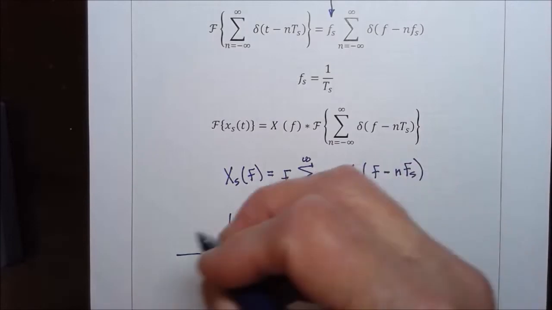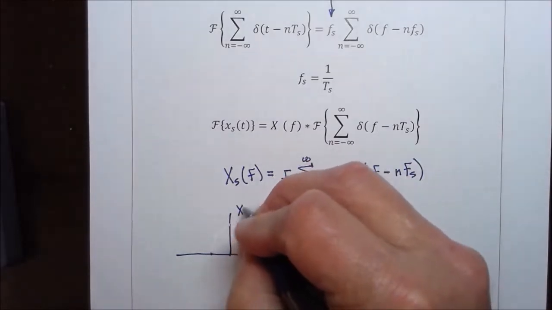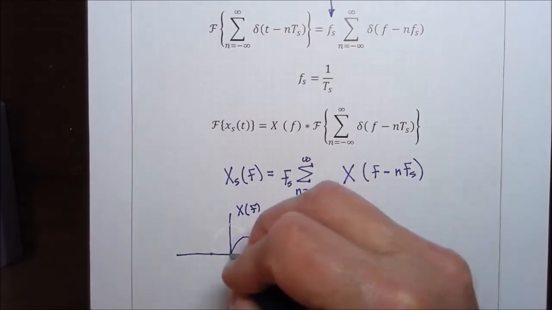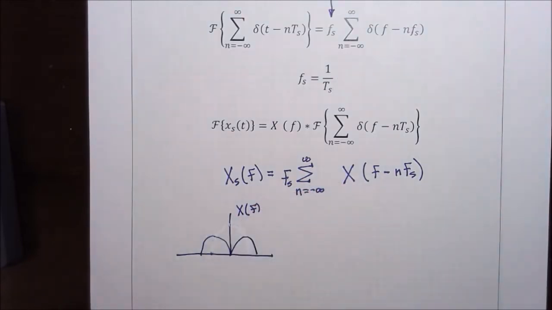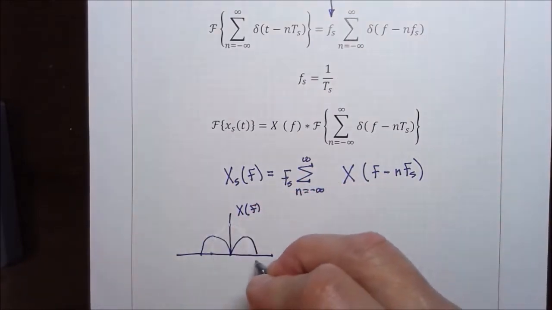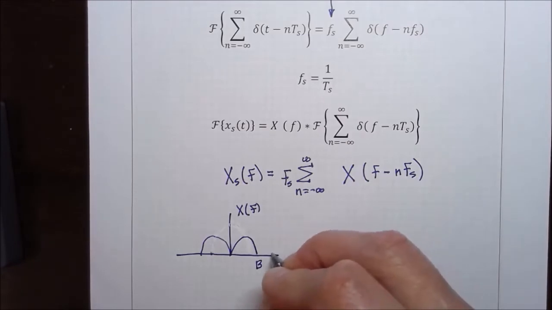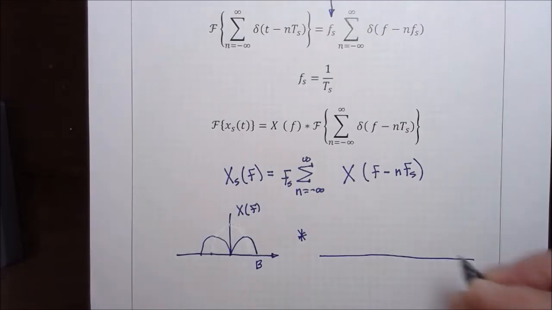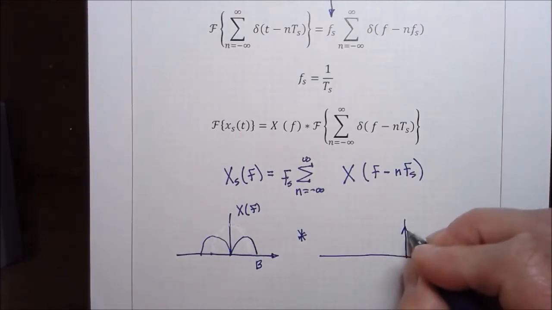Now the message signal has a spectrum that, let's say, has a shape that looks something like this, perhaps some kind of audio signal with bandwidth B, and now we are convolving that shape with a train of delta functions.